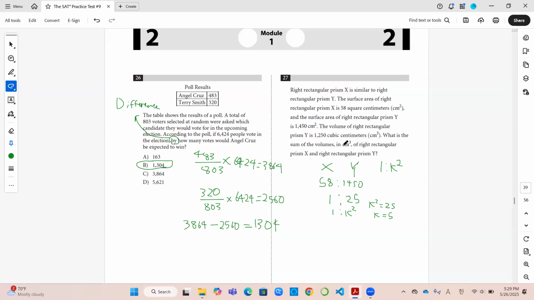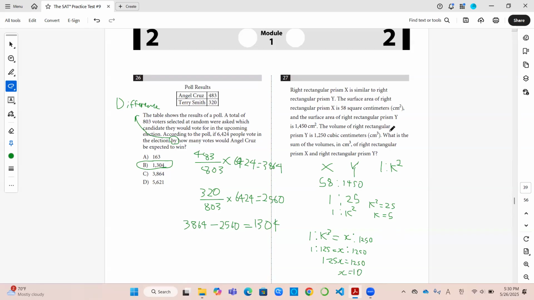And now we need to find the volume relationship. So in this case, it's 1 to k cubed, which is equal to x to 1250 cubic centimeters. Since I don't know my x, I'm going to write it down as x here. K is 5, so k cubed is 125. So 125 x is equal to 1250. X is equal to 10.